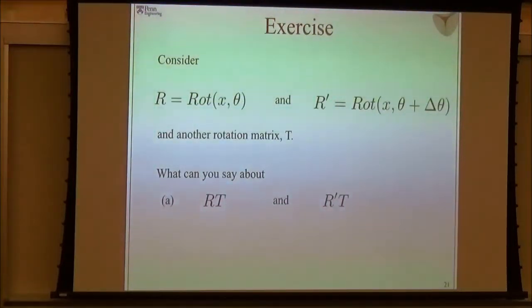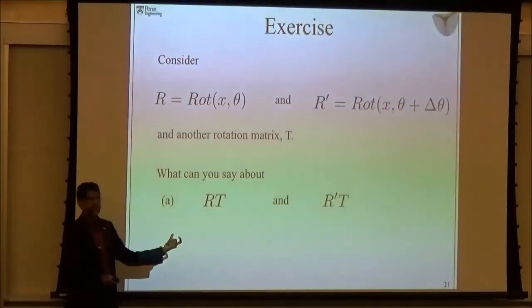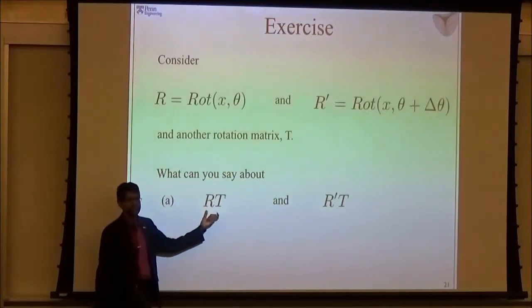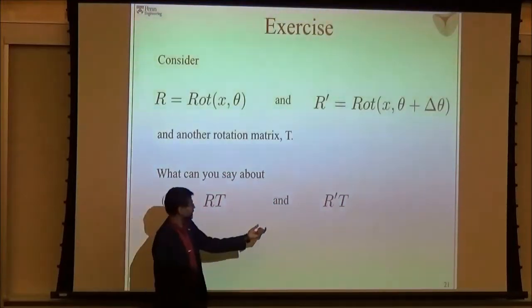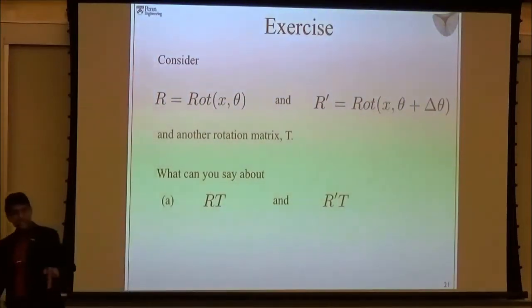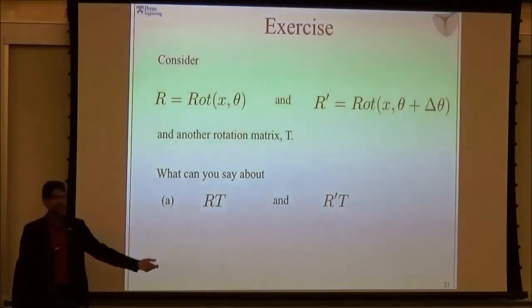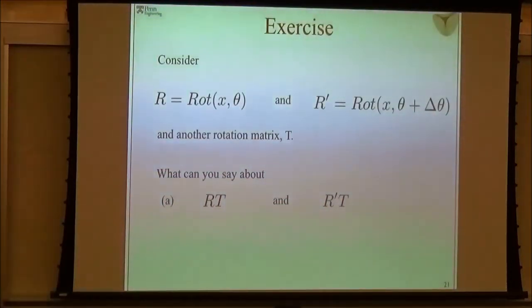So R times T is going to change, not because T changes, T is held constant, but because R changes. Likewise, I can ask what happens to R transpose times T, where R transpose is the inverse of R. So I'm changing R, I have this knob that I'm dialing, which is delta theta, and I want you to think about how these things change. How does the composition operation change, and how does the inverse operation change?